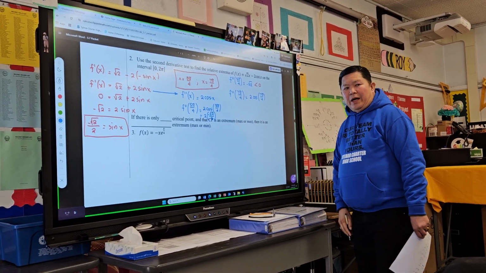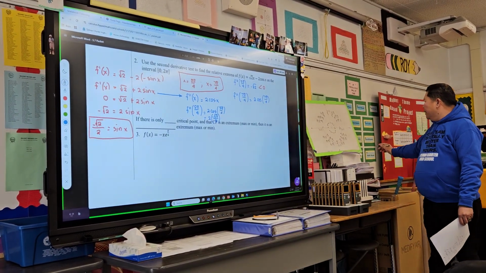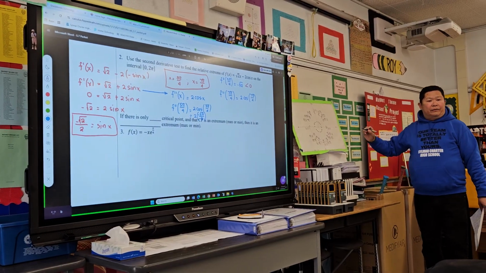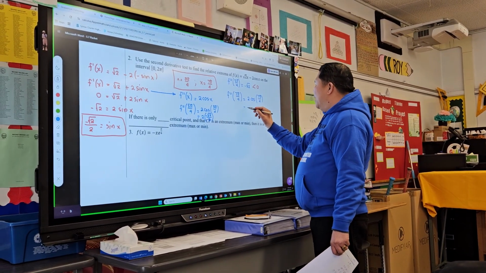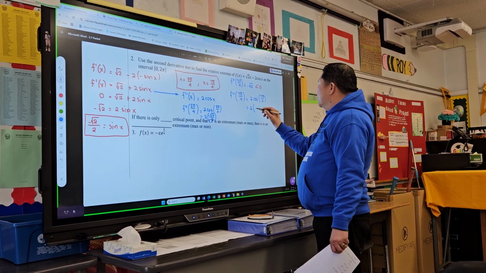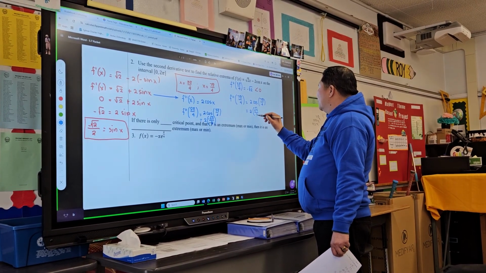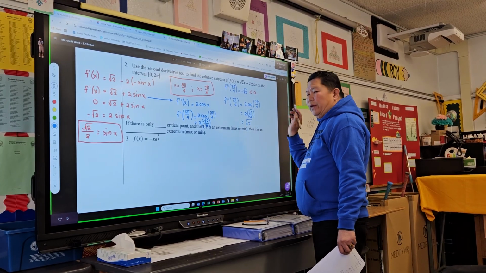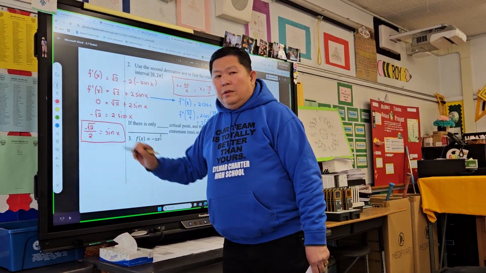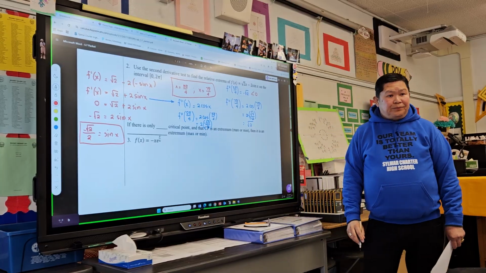It's going to be positive, square root of 2 over 2. So now 2 times square root of 2 over 2, the 2 cancels out, so it's going to be square root of 2. And what is that square root of 2? Positive. It's going to be greater than 0.